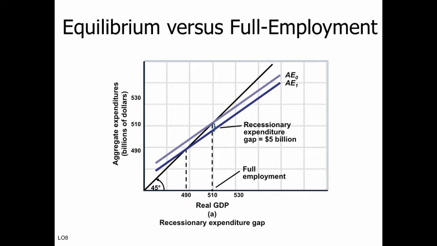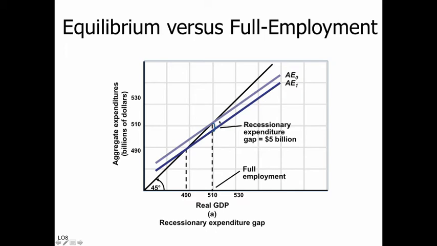We call this scenario a recessionary gap situation, because when you are below full employment in terms of GDP, it's akin to being in a recession. We might not be in a recession here, but a recession is when you produce less than the full employment level of output. This has to go on for 6 months, and we'll talk about that later, but this is akin to being in a recession.